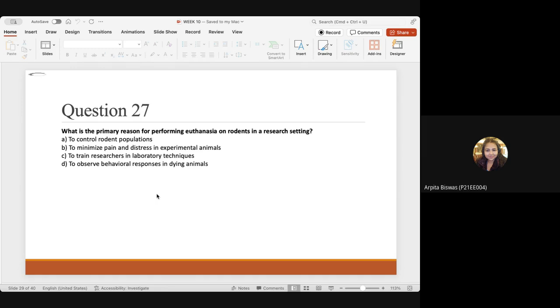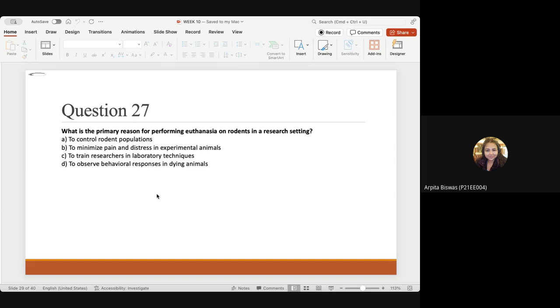First option is to control rodent populations. Option B, to minimize the pain and distress in experimental animals. Option C is to train researchers in laboratory techniques. Option D, to observe the behavioral responses in dying animals. So go through the question carefully.